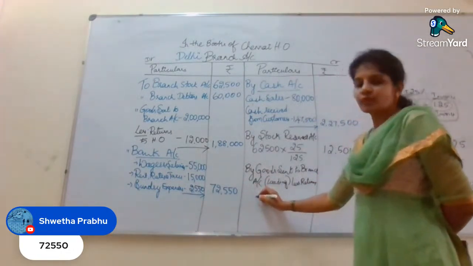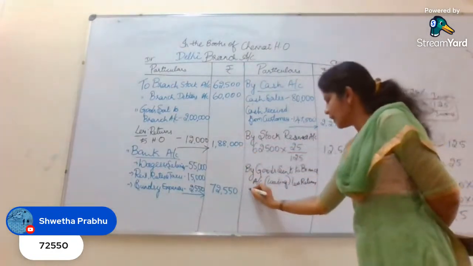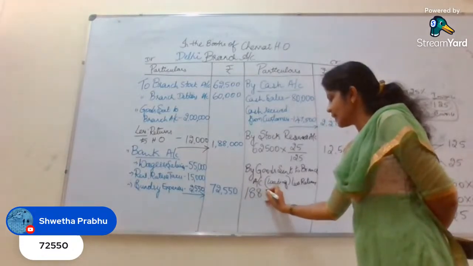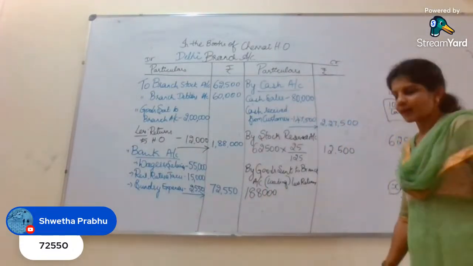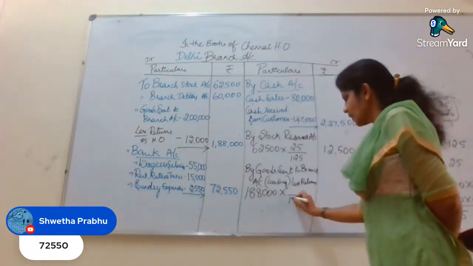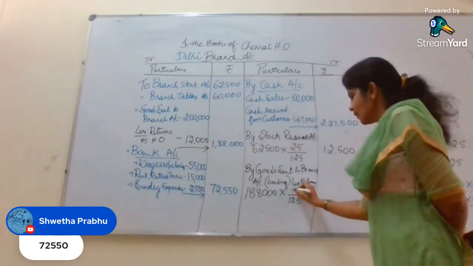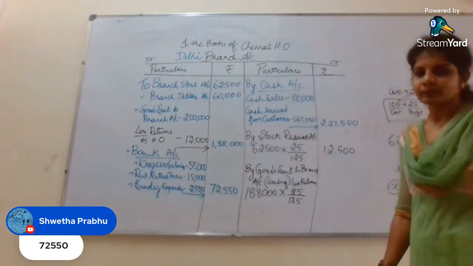What is the amount of goods sent to branch less returns? 1,88,000. Take this 1,88,000. And this 1,88,000 is again for 125%. Then how much for 25? Can you calculate and tell me?